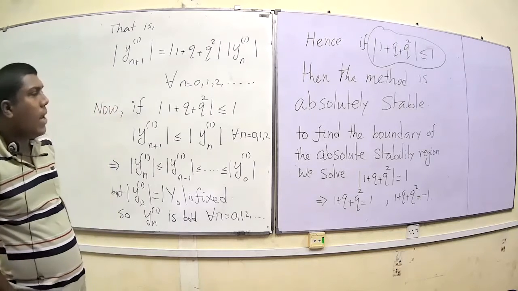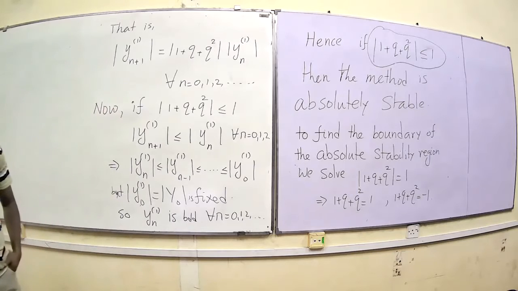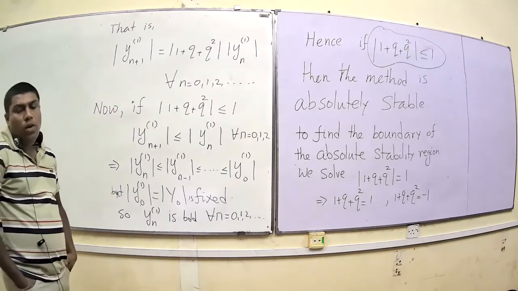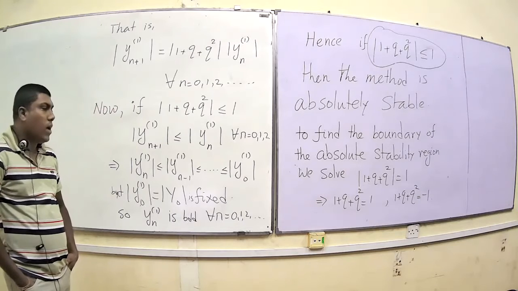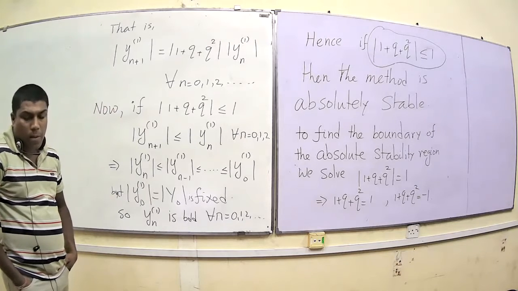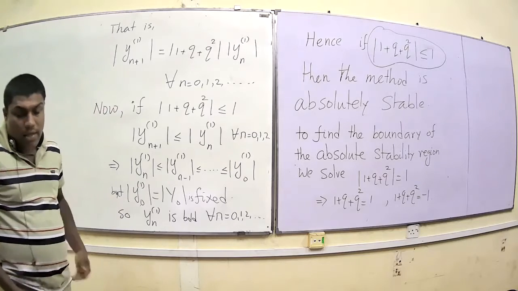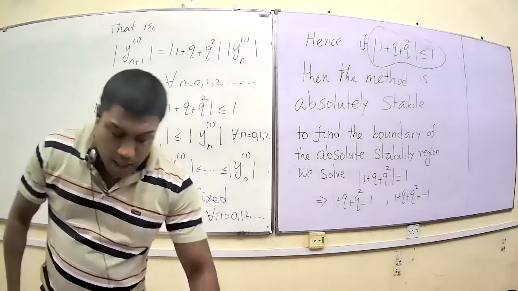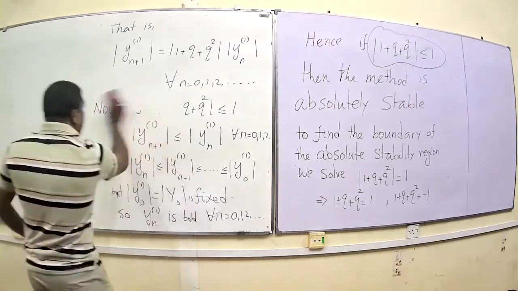So here we will try to see at least the boundary. At the boundary, the absolute value should be equal to 1, so you end up with two cases: one is plus 1, one is minus 1. In both cases, you can see the region.